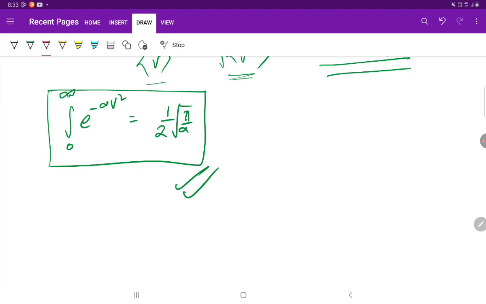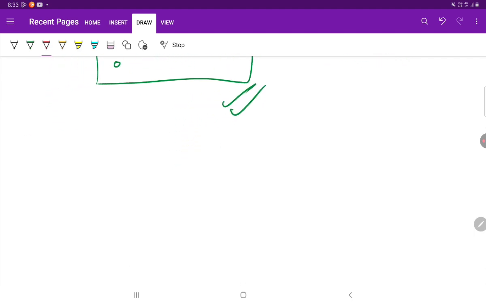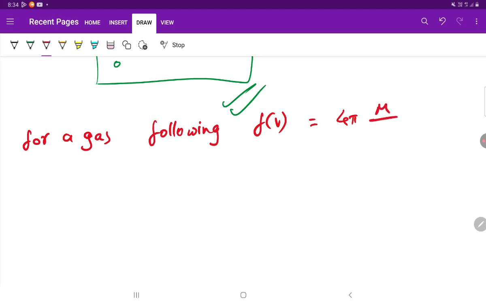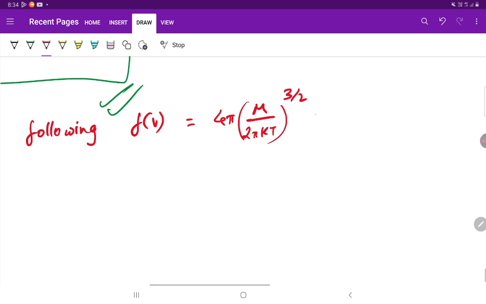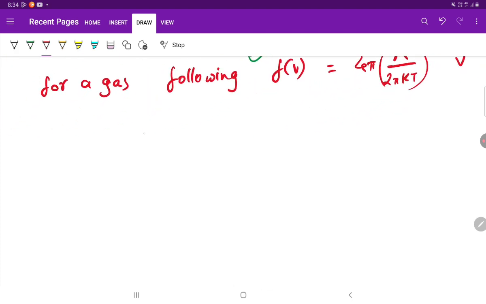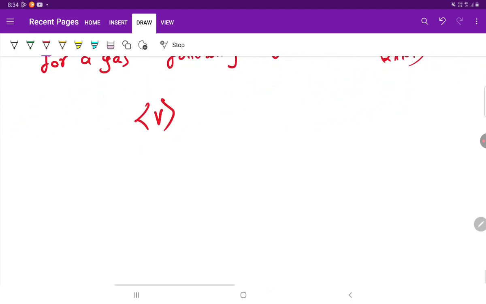So, the problem of this session, let's take it. For a gas following the Maxwell-Boltzmann equation, that is f of v is equal to 4 pi, m by 2 pi kT whole to the power 3 by 2, v square e to the power minus m v square by 2 kT dv, we can say that average x represents the average value of this quantity x.